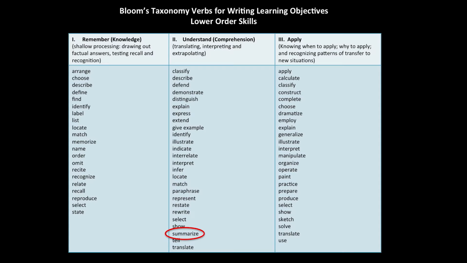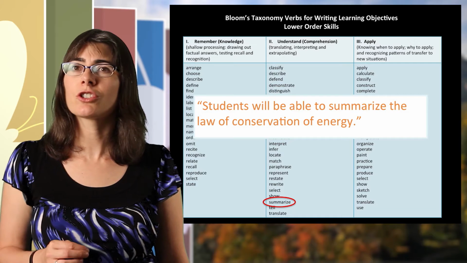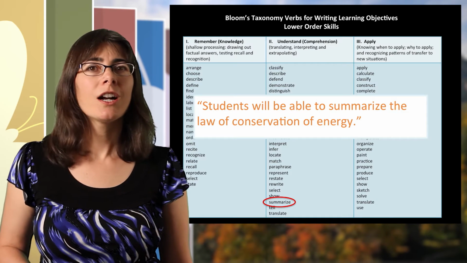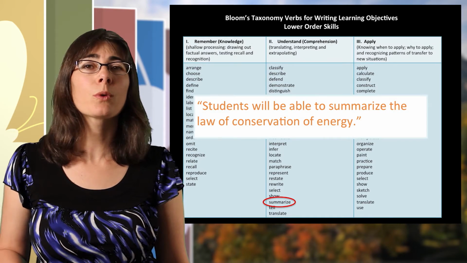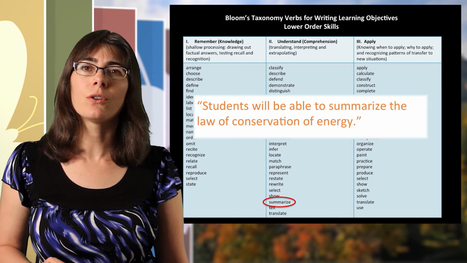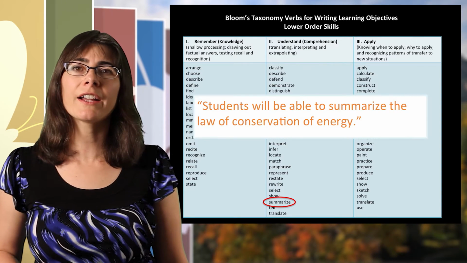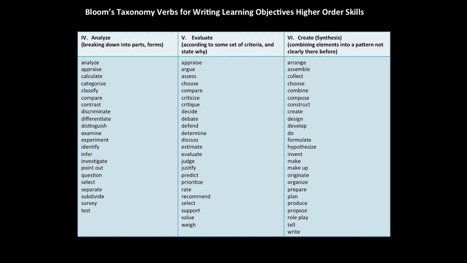What if I want to make an objective that's a little bit lower than that goal? Well, now I'm going to look over at the understand level and choose a verb there, and maybe I'll say students should be able to summarize the law of conservation of energy. So I've used the word summarize to write a new goal. What if I want to write a higher goal? So let's look under evaluate.